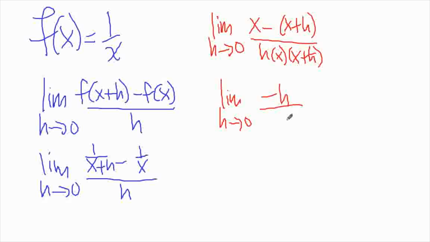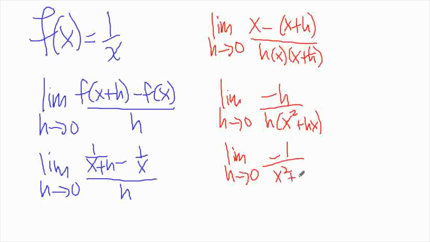On the bottom it simplifies to h times, let me just distribute the x in, x squared plus hx. Now the h's cancel, so I get minus 1 over x squared plus hx. As h gets really small, that hx term gets smaller and smaller. So the limit is equal to minus 1 over x squared.